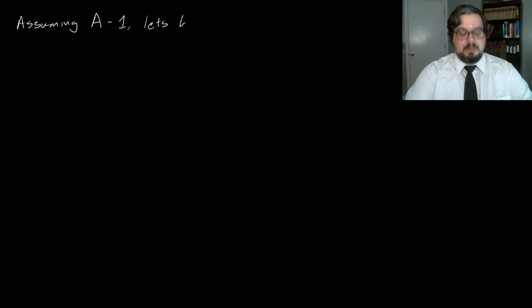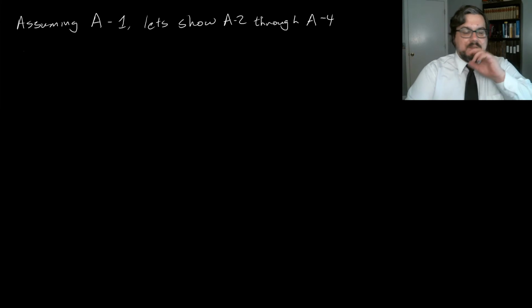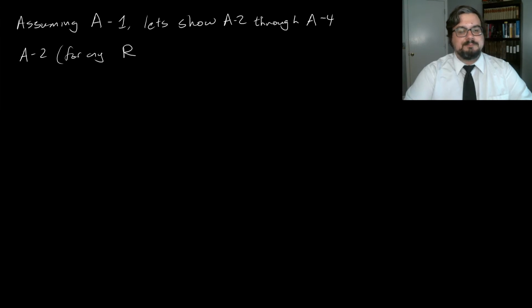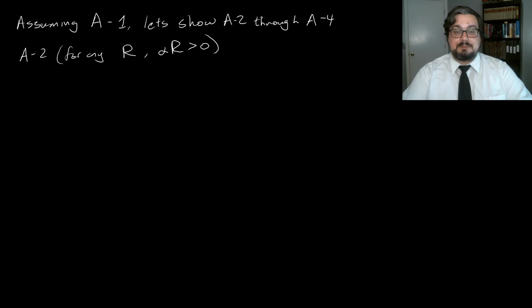So, assuming A1, which we'll come back to, let's show A2 through A4. So A2 said that for any region, we have that the area of the region is positive.